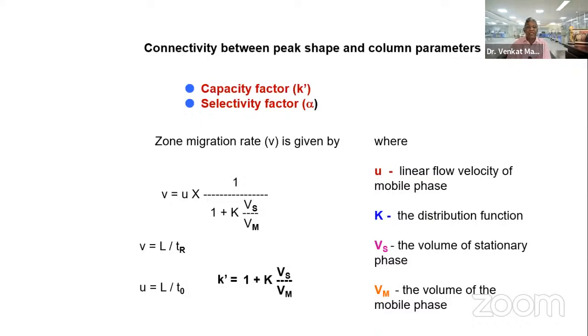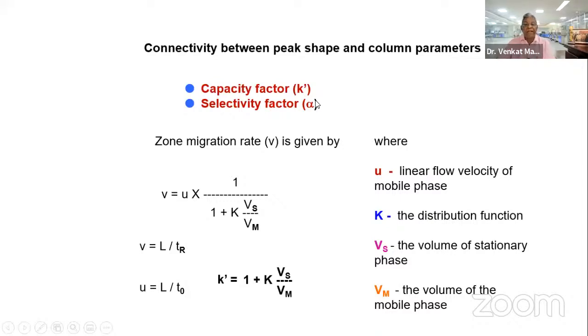If you look at this peak shape, which I was talking about, you have to correlate this peak shape with, first of all, column parameters. If you recall our last webinar, I introduced two terms there, what is called capacity factor and selectivity factor alpha.